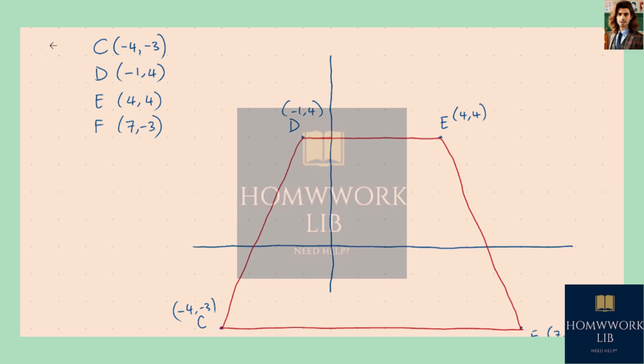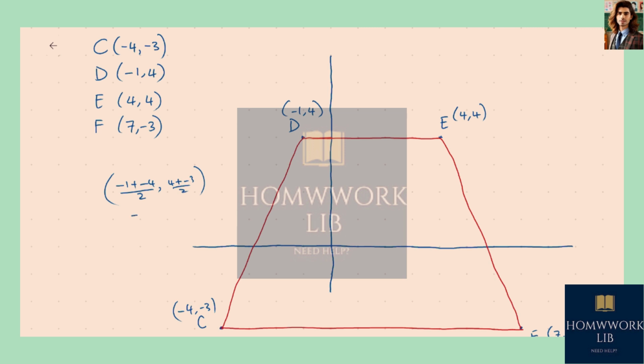And so if you want to get the midpoints of the legs, we need to add the coordinates and then divide them by 2. So let's add the x coordinate. So it's -1 plus -4 divided by 2. Then for the y, it's 4 plus -3 divided by 2. So -1 plus -4 is -5.